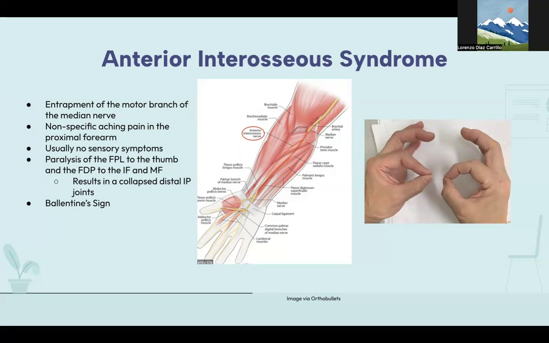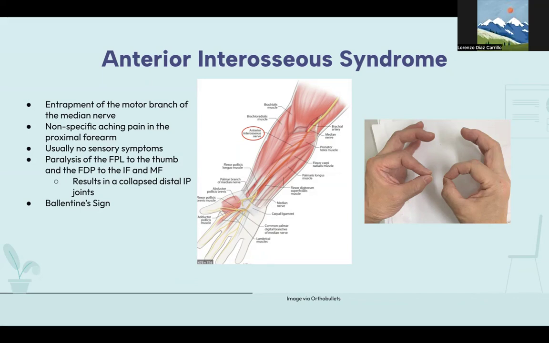Look at the hand on the left, demonstrating a positive Ballantyne sign, and you can really tell because the index finger's DIP joint is not producing the flexion needed to create that circle with the thumb, as the hand on the right is doing. In this instance, I think it's important to note that with AIN and pronator syndrome, these tests will often present with a negative Tinel sign, and I'll talk about that in a second.